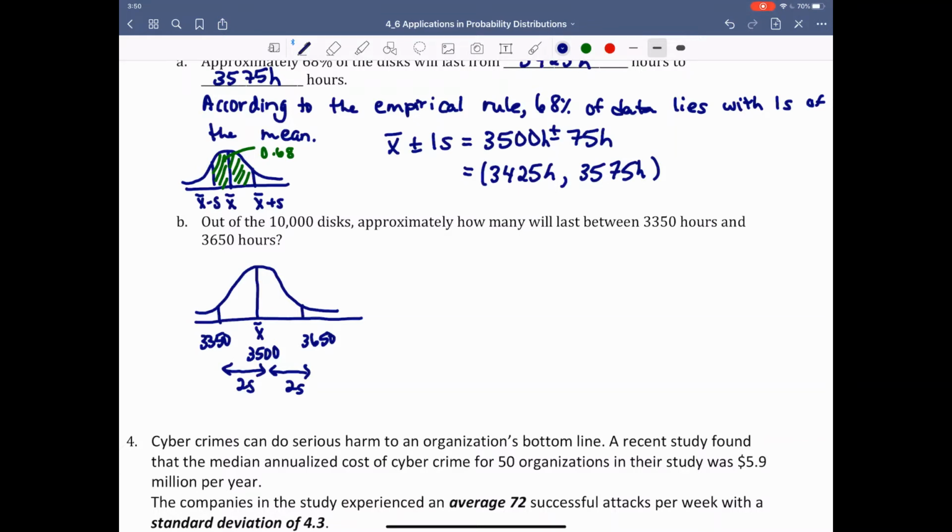So we want to know the probability of x being between 3,350 and 3,650. It doesn't say that we have to use the empirical rule, so we could actually use z-scores: calculate the relevant z values and calculate the probabilities using your table. We know that the probability of being within 2 standard deviations of the mean is 0.95.